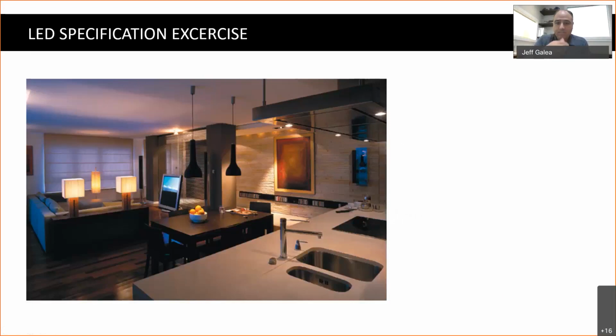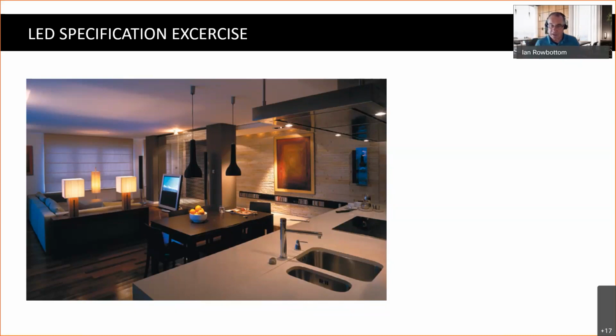Okay. So let's start with the first slide. You guys all have a home, and in your home you have a kitchen, a dining area, a living area. So have a look at this picture that's on the screen. What are the key things that we need to specify in order to achieve the aesthetic that you see?